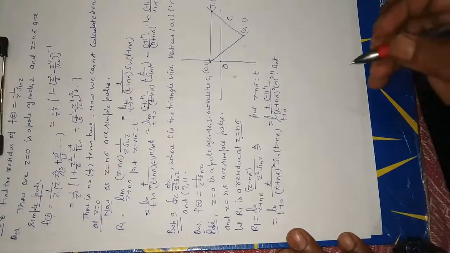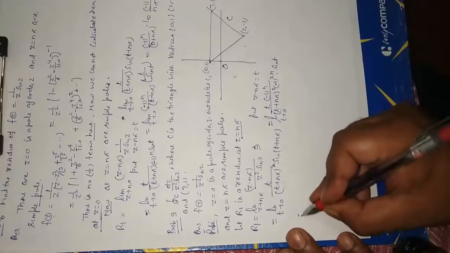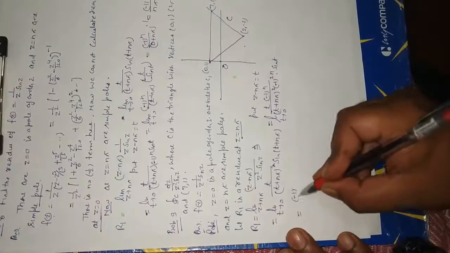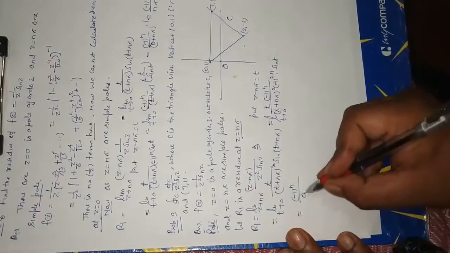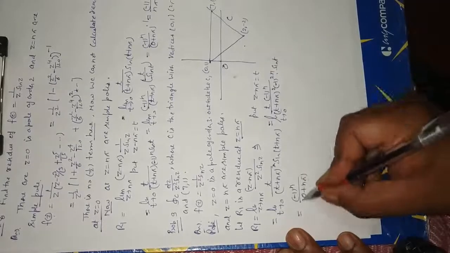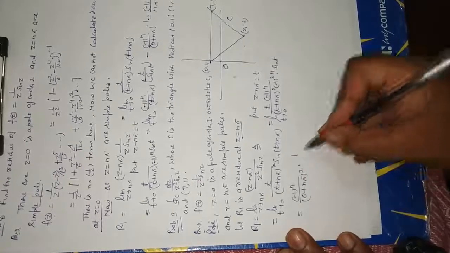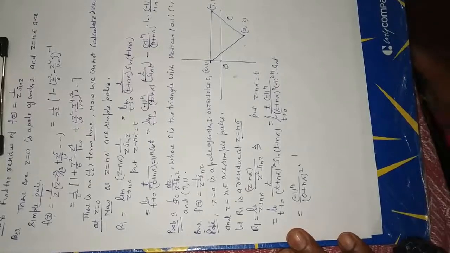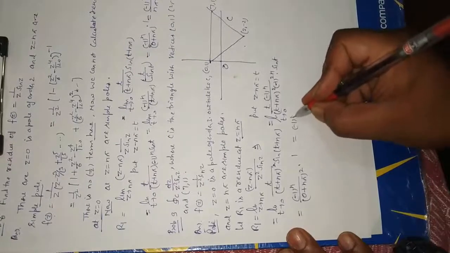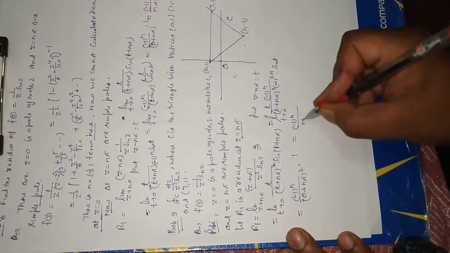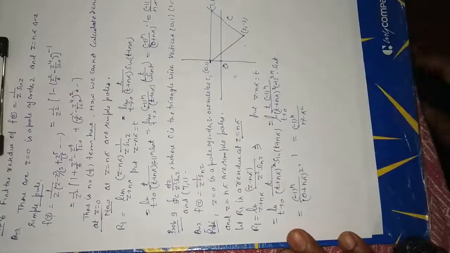Okay. Now this is equal to minus 1 to the power n upon (0 plus n pi) whole square, into 1. Since the value of t upon sin t tending to 0 is 1, this is equal to minus 1 to the power n upon n square pi square. Okay.